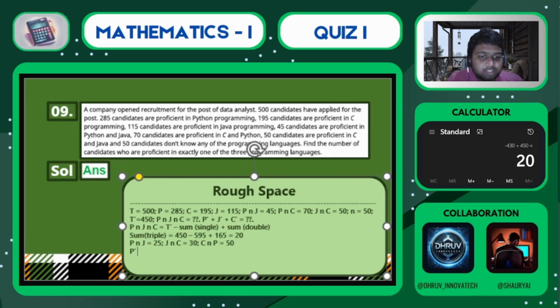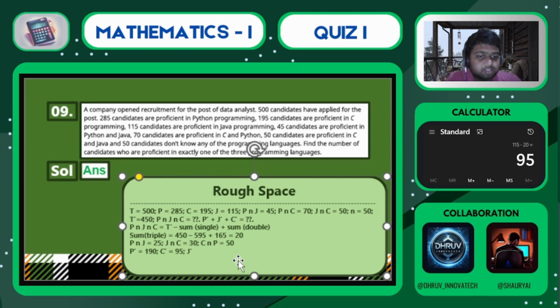From this we can note that only P is equal to 285 minus doubles and singles. 285 minus 25 minus 50 minus 20, which is 190. Now let's see for only C. For only C, 195 minus 50 minus 30 minus 20, which is 95.